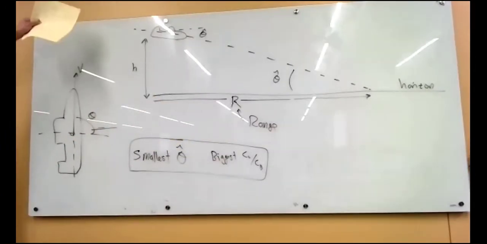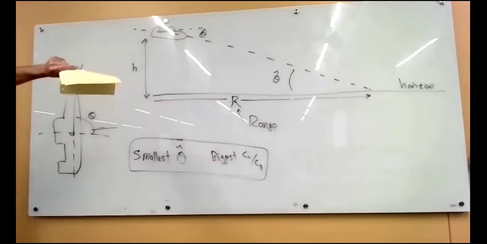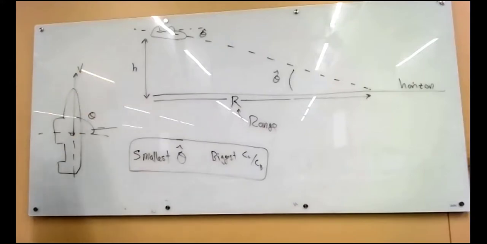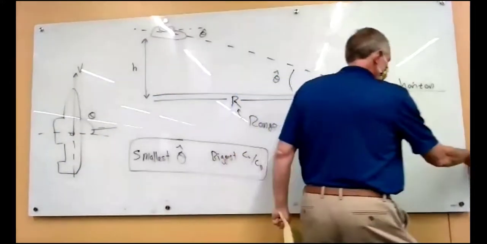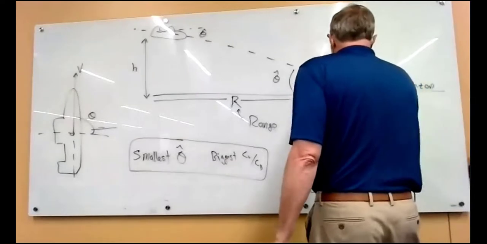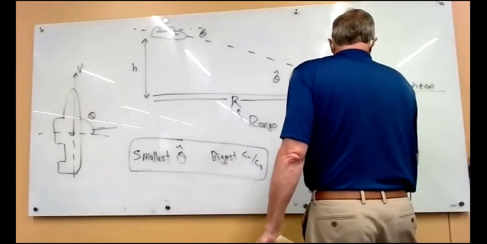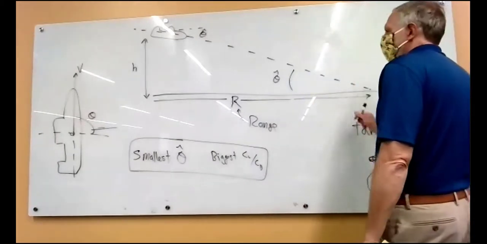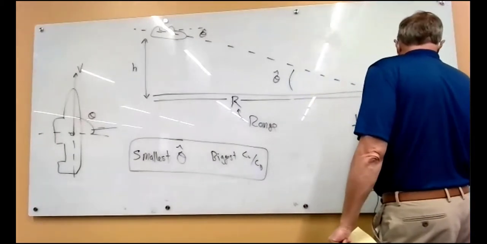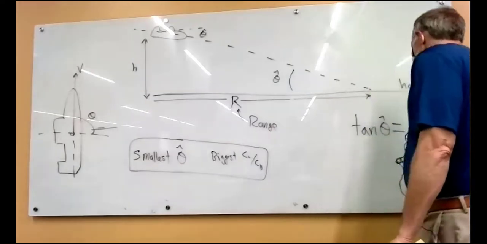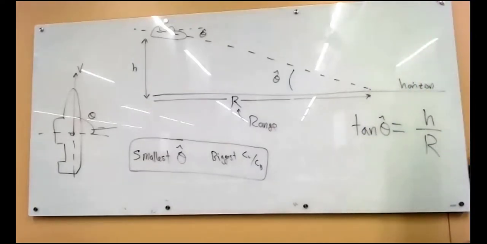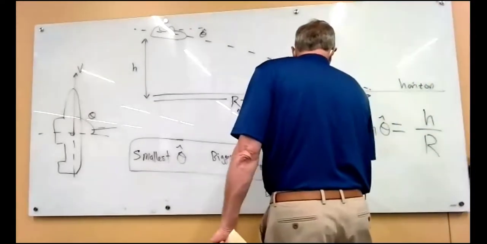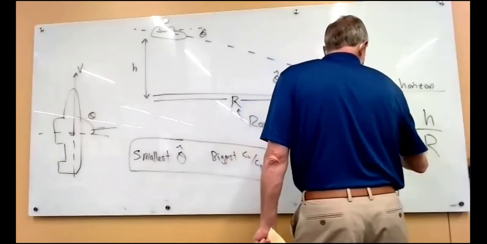So if you're at altitude h, you can fly at that angle. It's just a triangle. And so you're going to hit the ground after a distance r. And we see from the geometry of the triangle here that the tangent of theta is h over r. Or if we're trying to optimize the range, build the r over here.